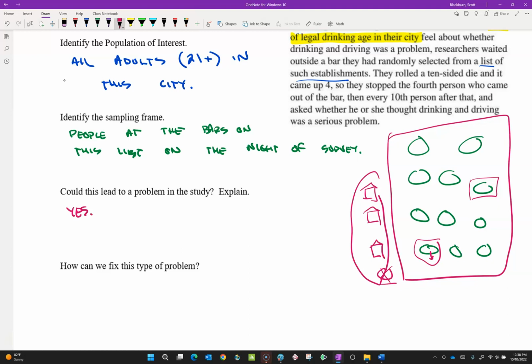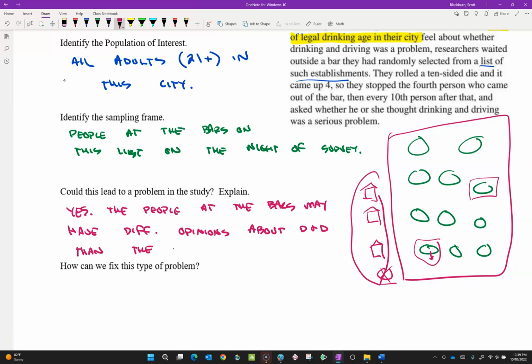So yes, the people at the bars may have different opinions about drinking and driving than the people not at the bars.